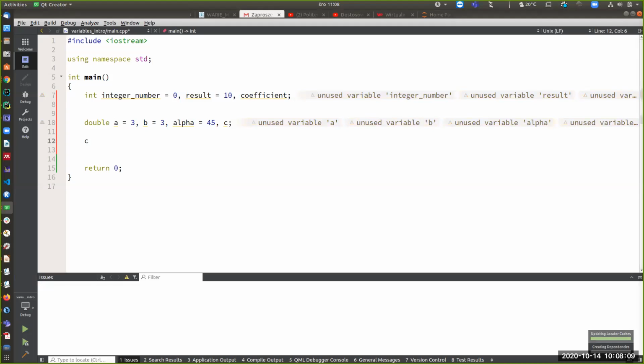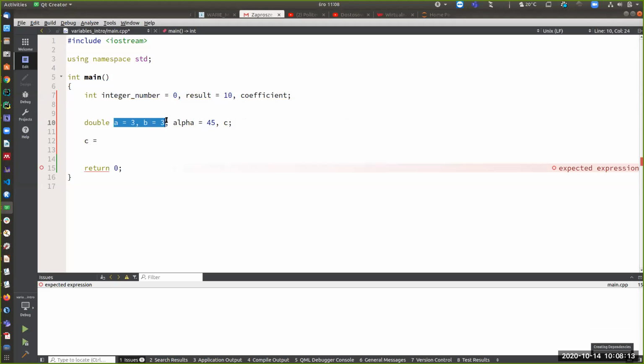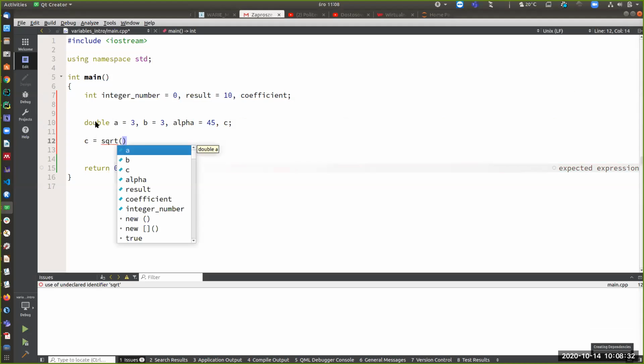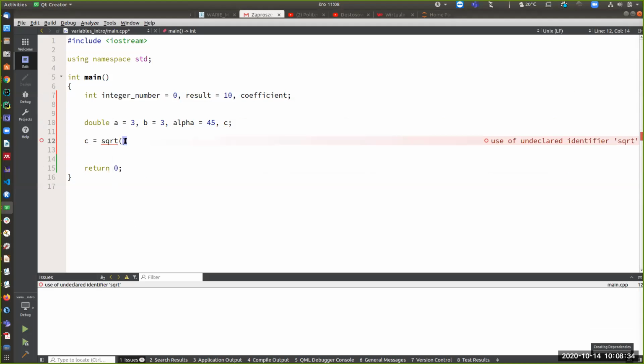So let's express it as the Pythagorean theorem. So I have to calculate the square root of a square plus b square. So square root is sqrt, plus a times a plus b times b.